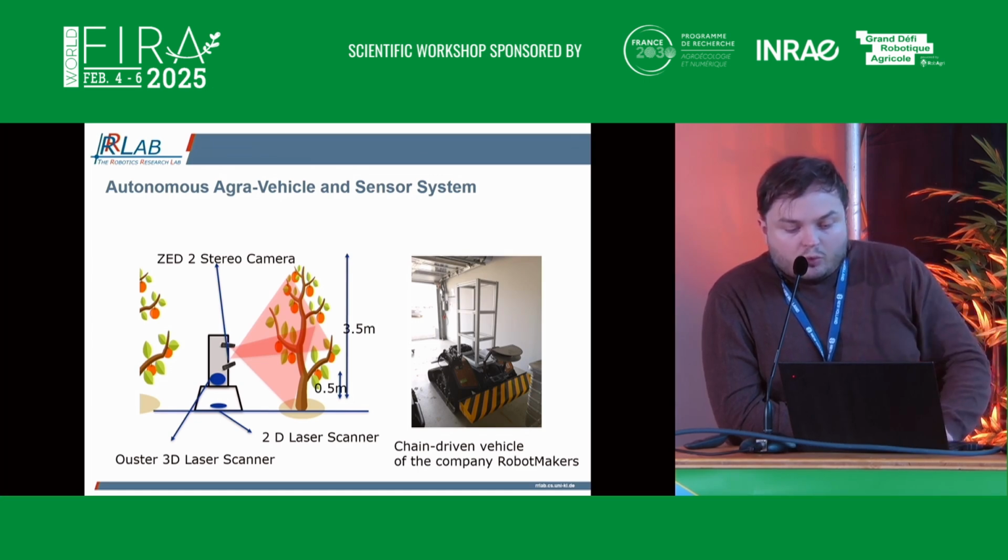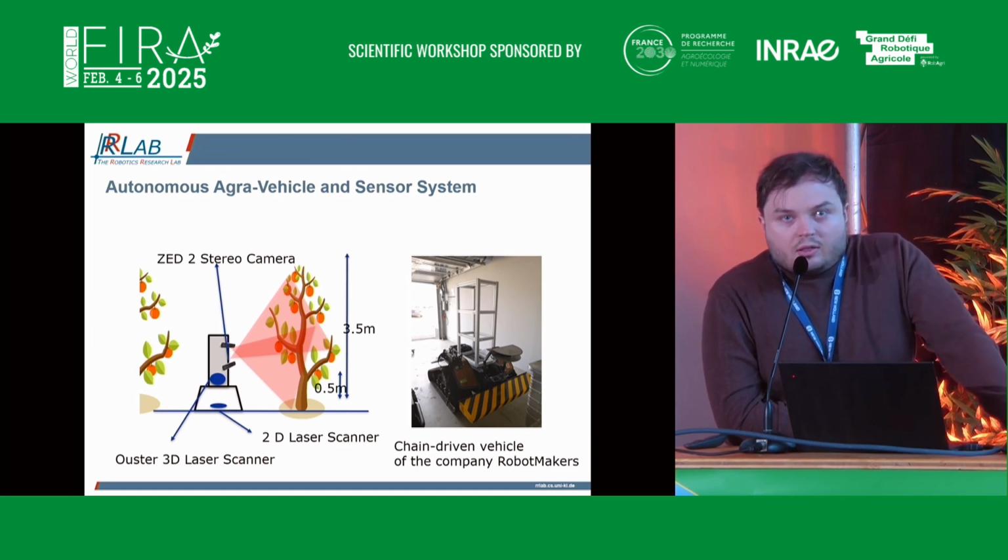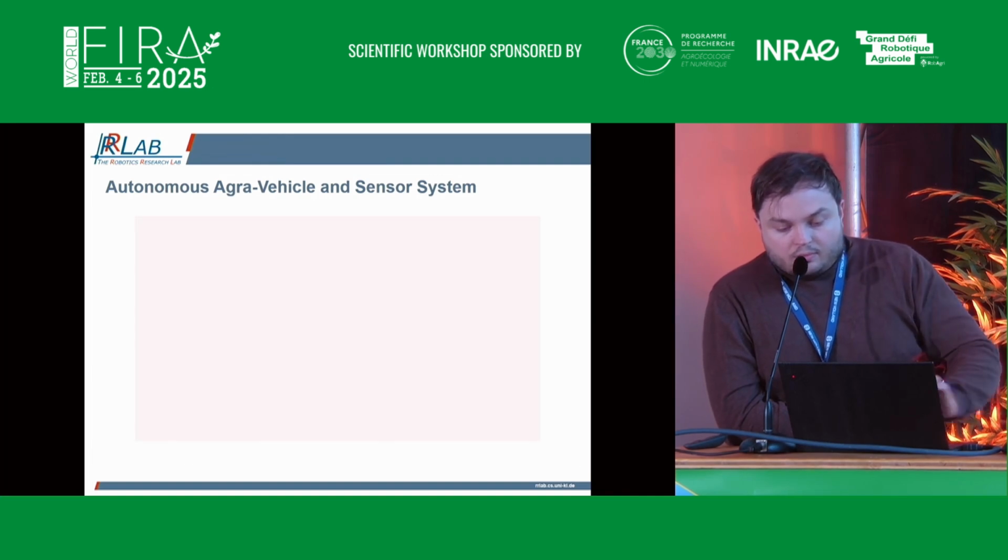So this robot has tracks, it's off-road capable, and it's also equipped with a sensor suite, overlapping stereo cameras, so we can have a very thorough view of the apple plantations. And I'm just going to show it to you in action.